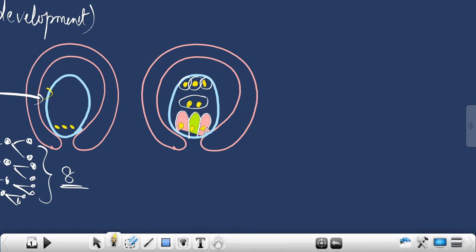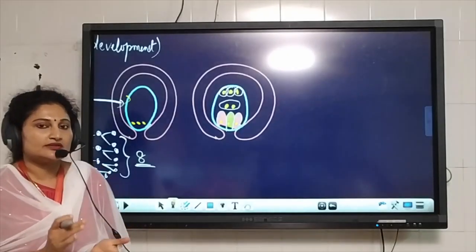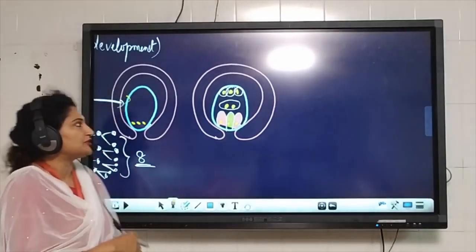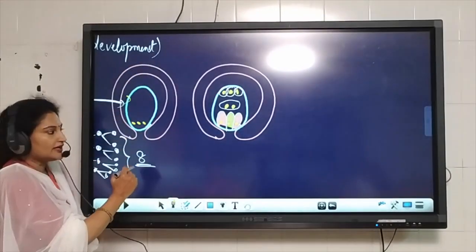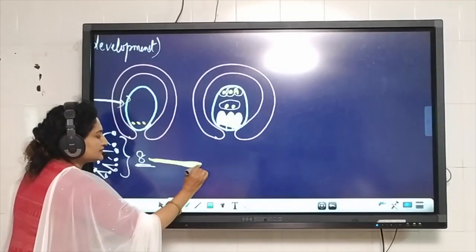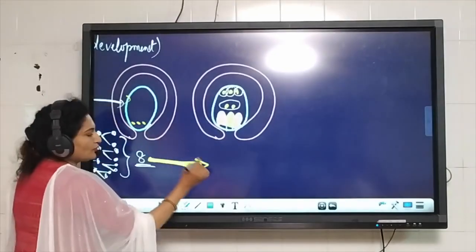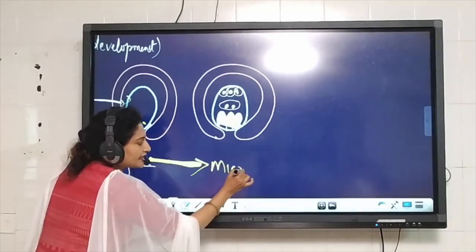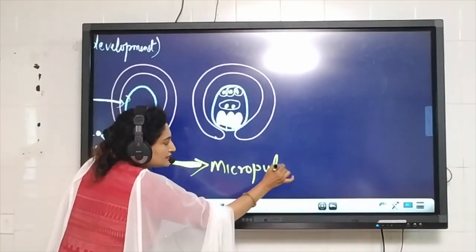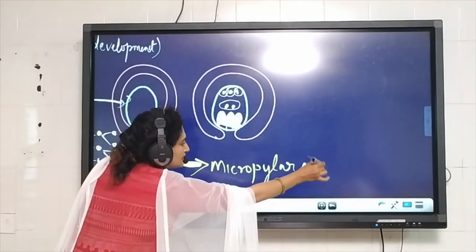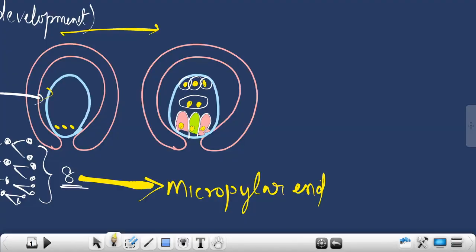But before going into the orientation, like how in social studies you have map activity, you have the North Pole and South Pole. Here I'm going to indicate 2 poles. This pole is called the micropylar end. And the upper pole is known as the chalazal end.